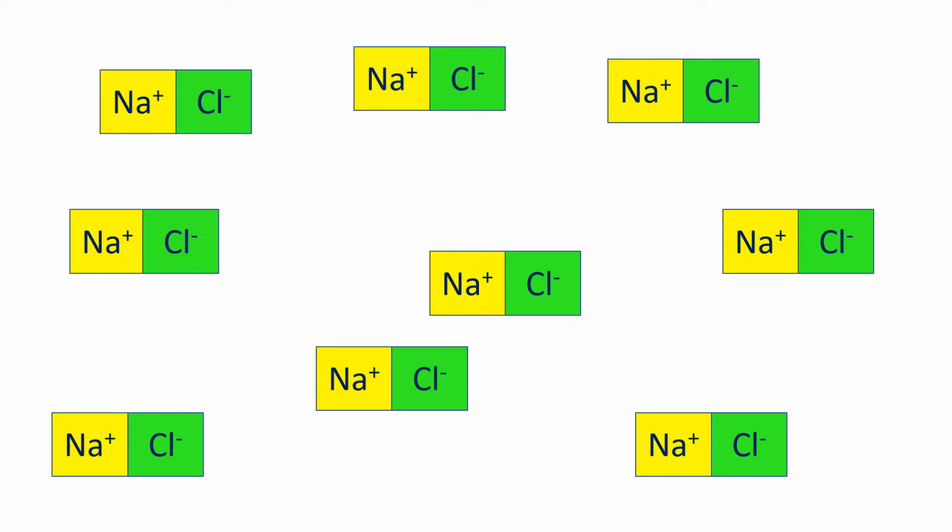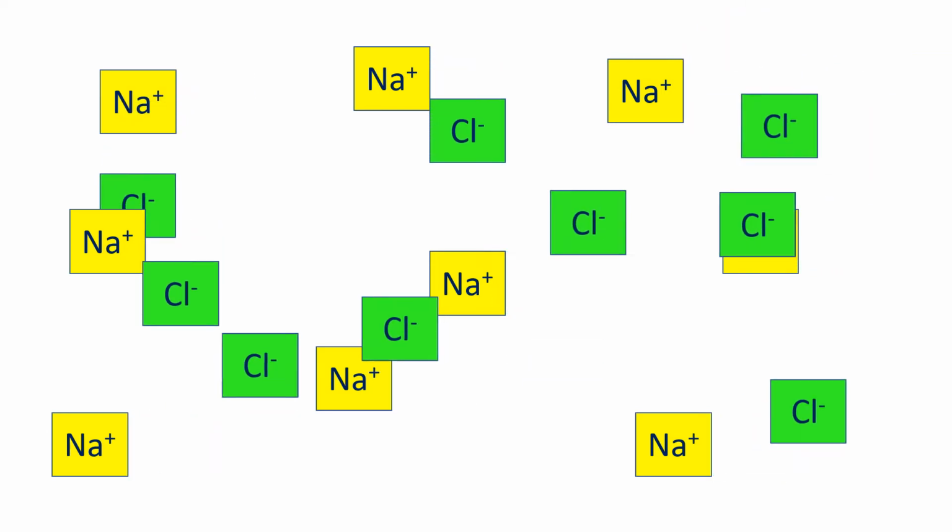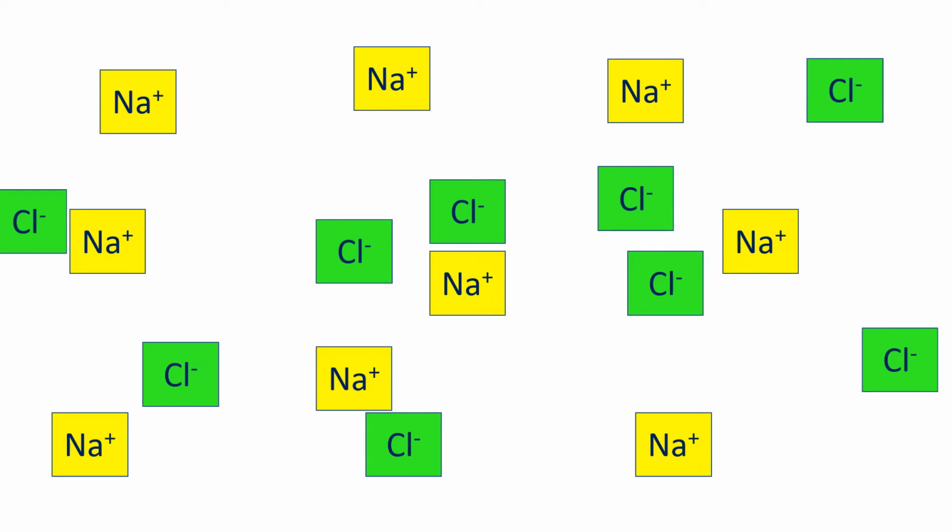Now, if I melt this compound, or if I dissolve this compound, the ions separate. It's a weird one, guys, it's A-level, but the ions separate. And even though it's still sodium chloride, they are able to act separately. Well, now I have charged ions, ions that are free to move and carry an electrical charge.